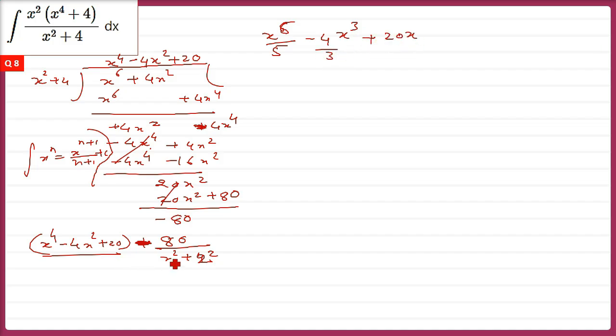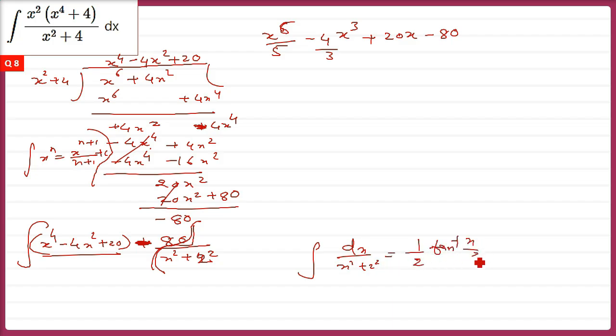Okay. Now coming to this one, I can write directly because I know the integration. So we are integrating all of these. Negative 80, and this is 1 by x square plus a square integration. So dx by x square plus a square is 1 by a tan inverse x by a. 1 by 2 tan inverse x by 2 this will be. So let me write it here. Negative 80 is already there.